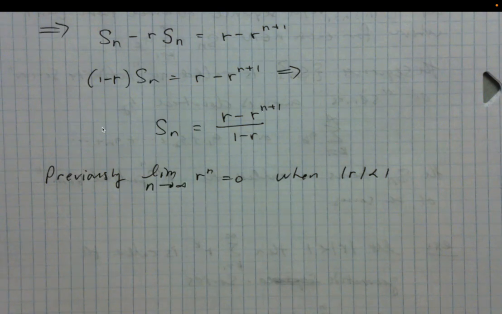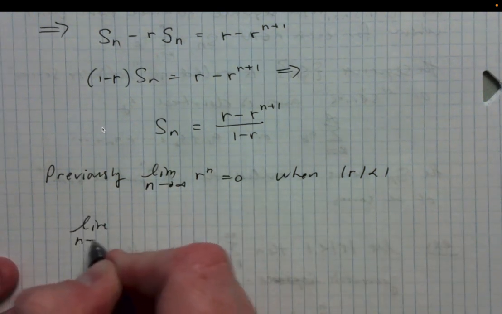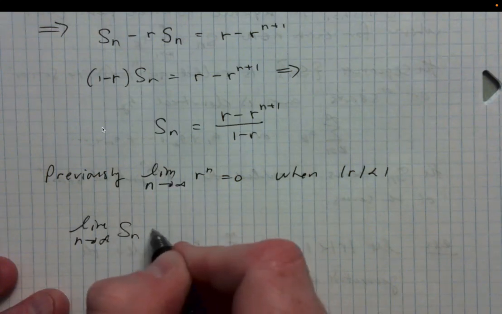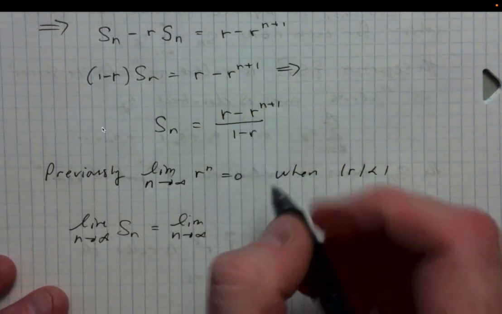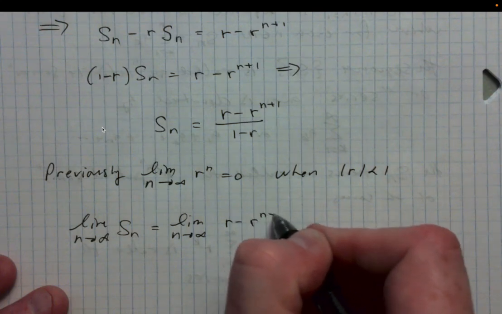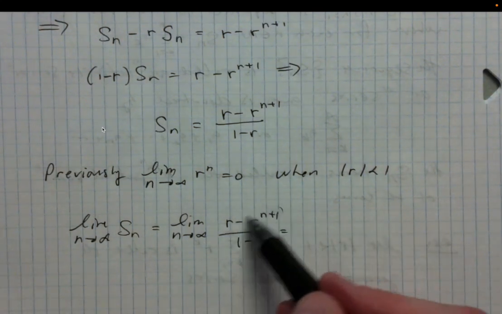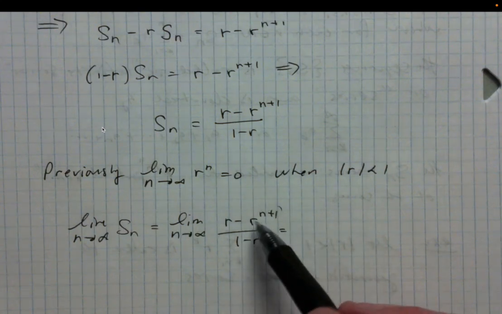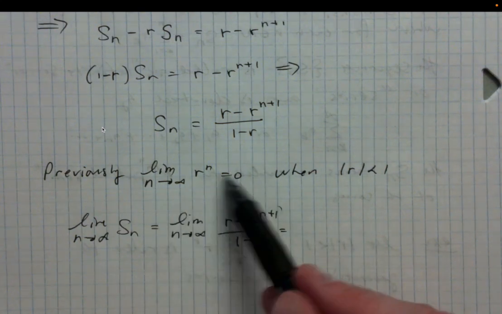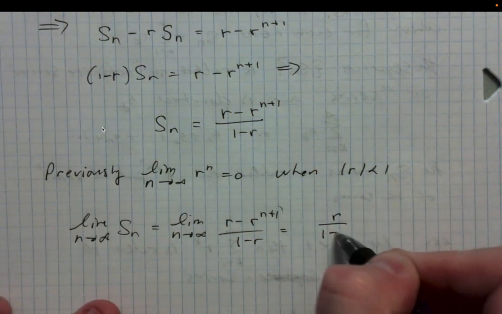And so we can use that fact here. The limit as n goes to infinity of S sub n would be equal to the limit as n goes to infinity of r minus r to the n plus 1 over 1 minus r. Specifically this piece here, r to the n plus 1, is going to converge to 0 as n goes to infinity. So this is going to be equal to r over 1 minus r.